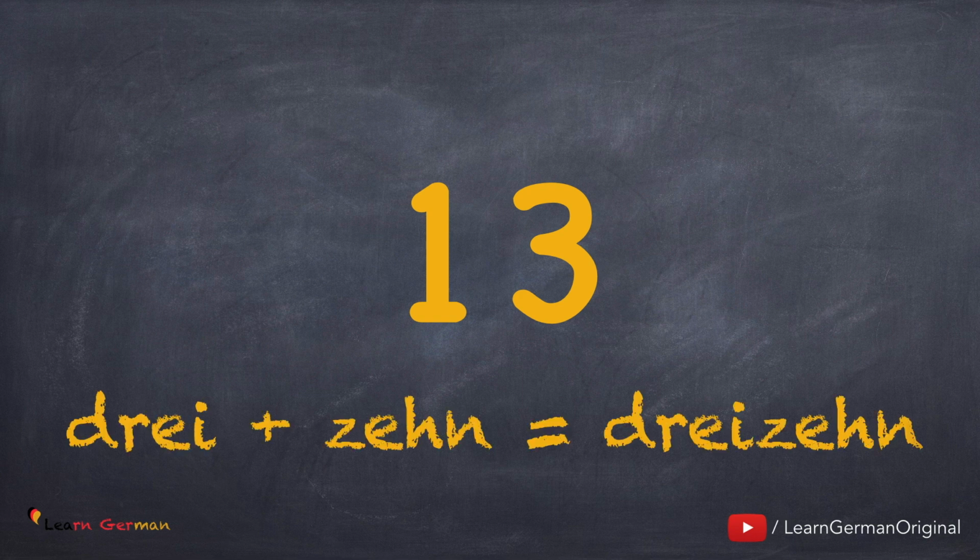Dreizehn. Once again, dreizehn. Numbers from 13 to 19 follow a simple rule. Number plus 10. 3 plus 10 gives you 13.